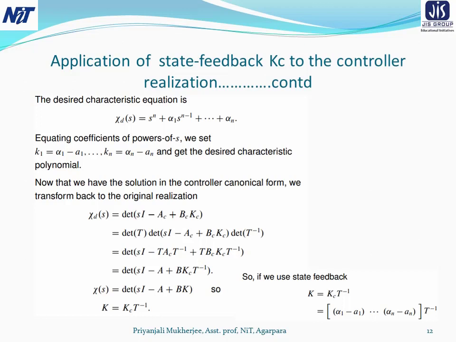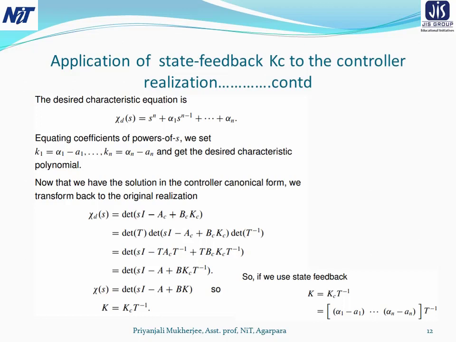So the desired characteristic equation is the determinant of sI minus Ac plus Bc Kc, or we can write it as the determinant of T into the determinant of sI minus Ac plus Bc Kc into the determinant of T inverse. Now this T matrix is the modal matrix. Or we can write the determinant of sI minus A plus B Kc T to the power minus 1.